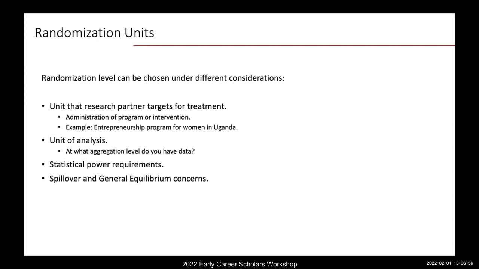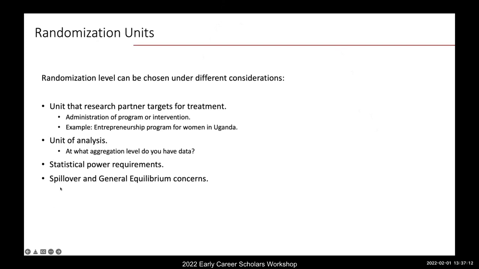Statistical power matters, and then ultimately something that is very important to take care of, but very difficult as well, is to take spillover and general equilibrium questions into consideration.